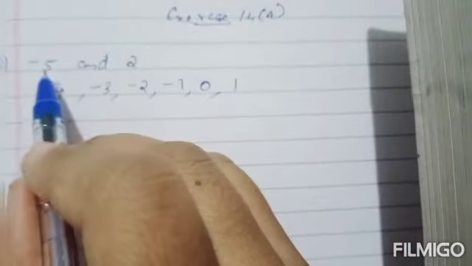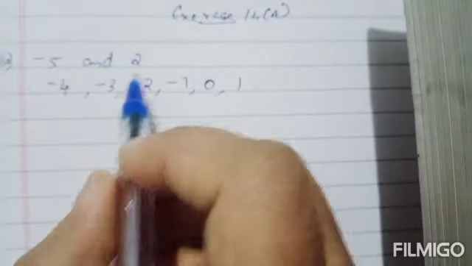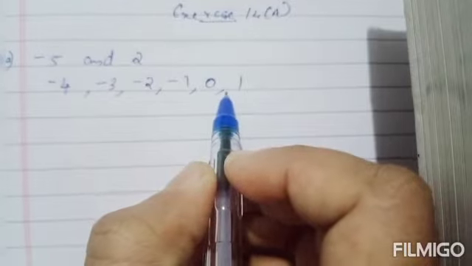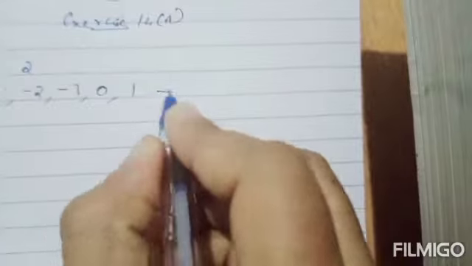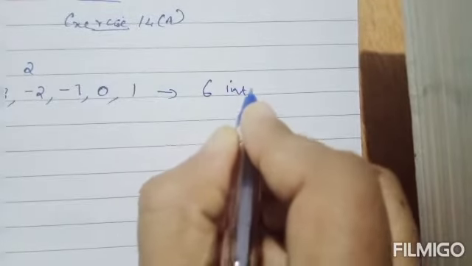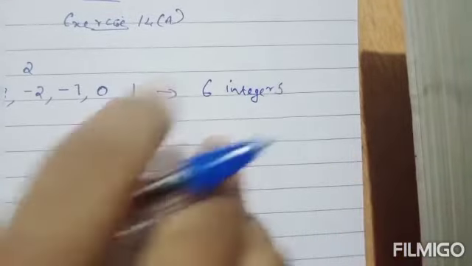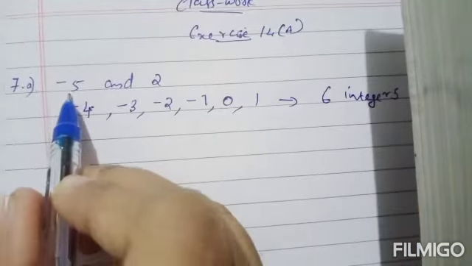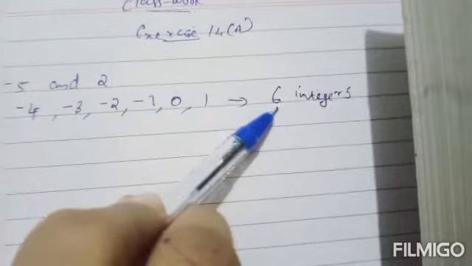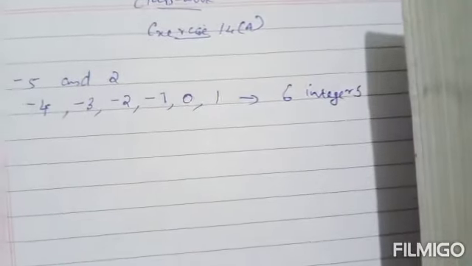So in between -5 and 2, these many integers are coming. That is 1, 2, 3, 4, 5, 6. So the answer is 6 integers. Okay, how many integers are between? That is the question. So in between -5 and 2, 6 integers are there. Okay.